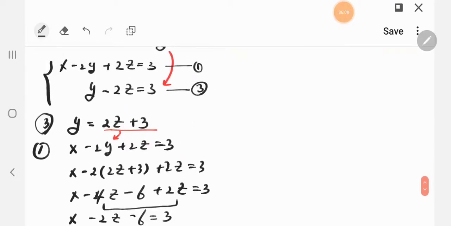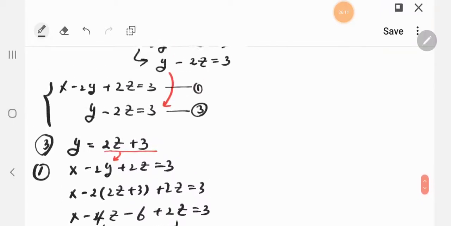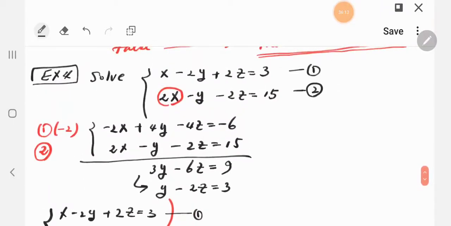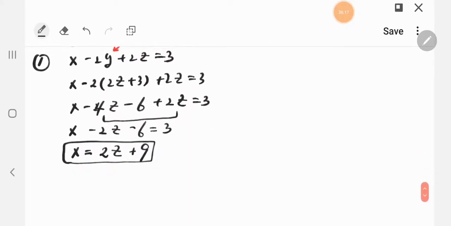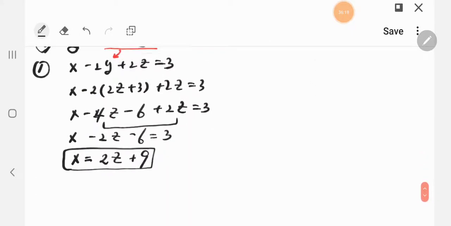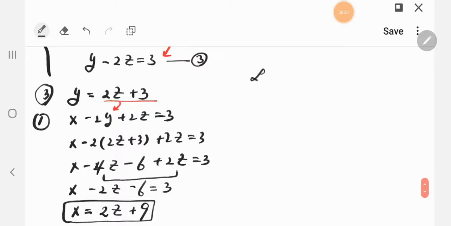From this, z can be any real number, because z is not given. Let's say z is any real number, let's say c. Then z is c.